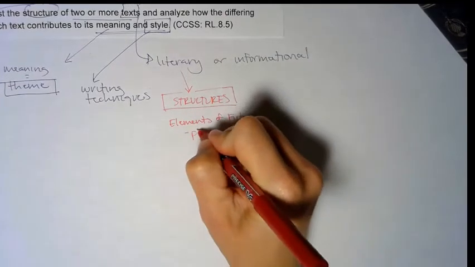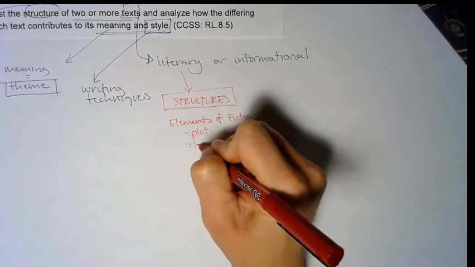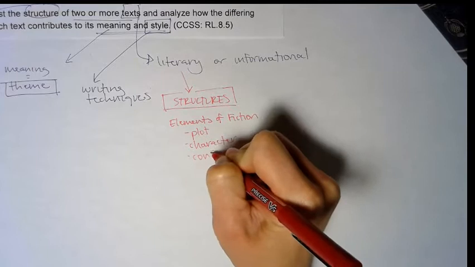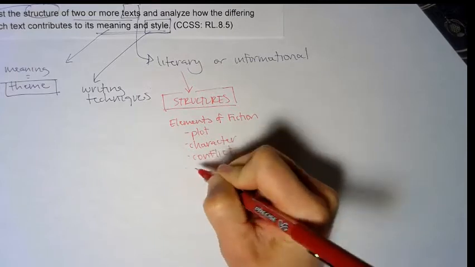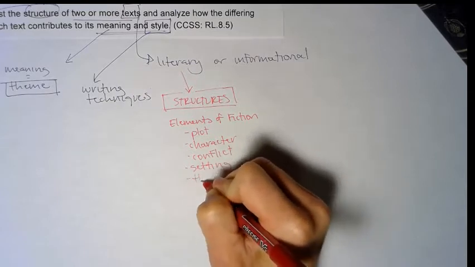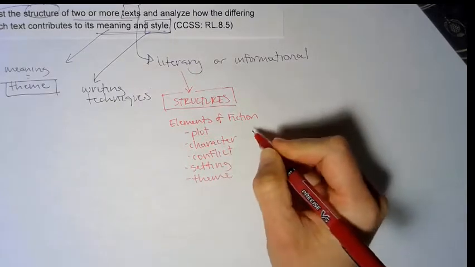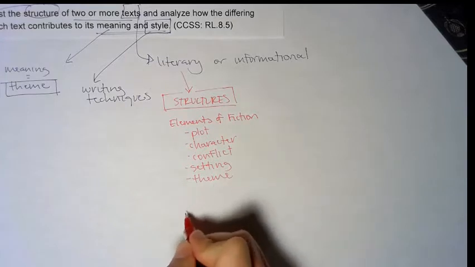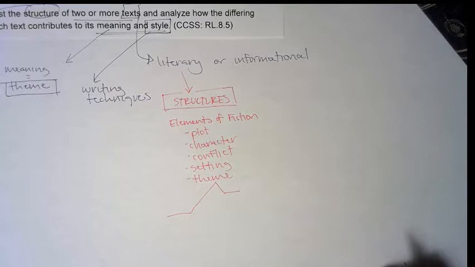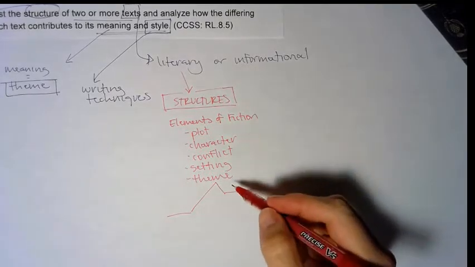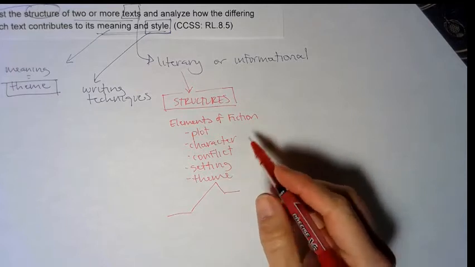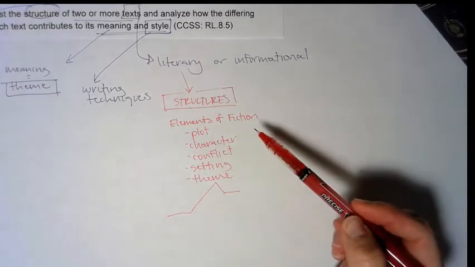So you've got plot, you've got characters, you've got conflict, setting, theme. These basic elements of fiction, you remember they kind of go on like a plot line like this, maybe you've seen before. These are specific ways that a writer will organize a piece of literary text.